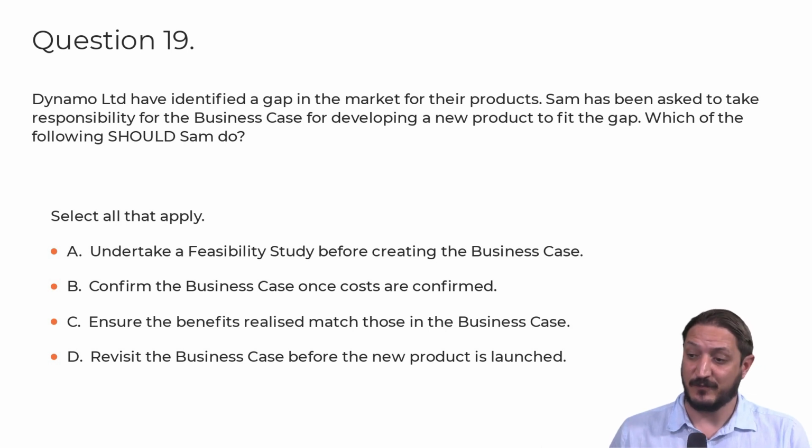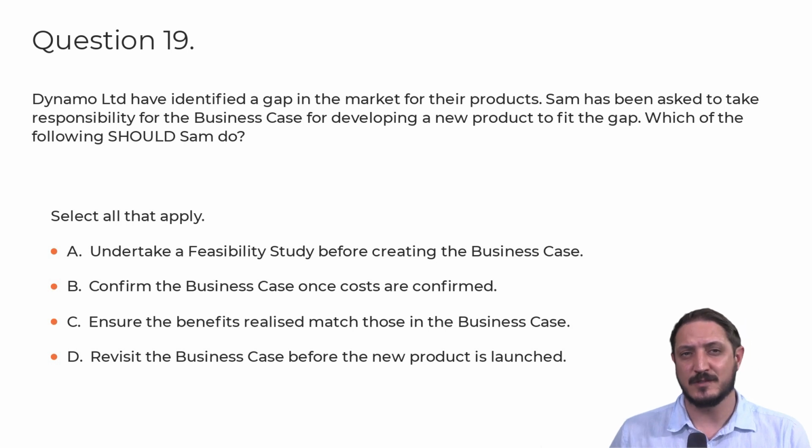B, it says confirm the business case once costs are confirmed. So this is also correct because we know that in a business case, we need to carry out cost-benefit analysis. So we need to look at the costs of all the solutions that are being proposed or presented to an organization, and we need to confirm those costs.